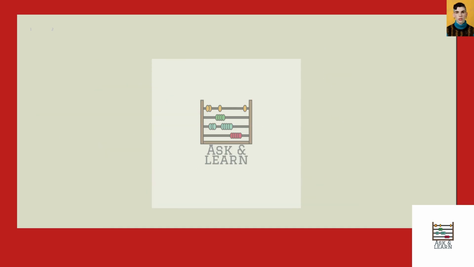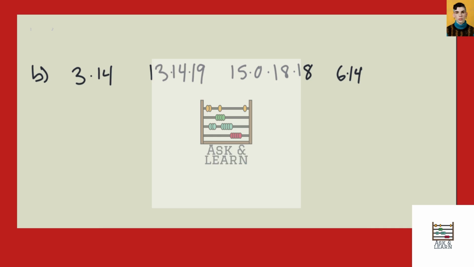So now we'll do the same thing for these other parts with less famous ciphers. So again, our "do not pass go" was initially translated into 3, 14, 13, 14, 19, 15, 0, 18, 18, and 6, 14.